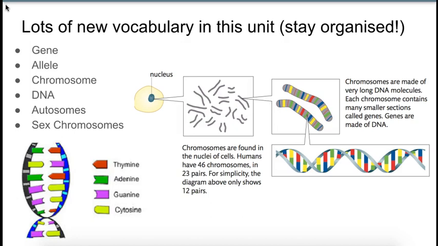We've seen this previously, a very simplified version of DNA, and we'll look at this in a lot more detail later, but our DNA is made up like a twisted ladder, this double helix classic shape, and we have 4 bases which are paired up inside of that DNA, if you remember. Thymine pairs with adenine and guanine pairs with cytosine, and this actually makes up that blueprint. So this is the genetic code, the order of these bases.